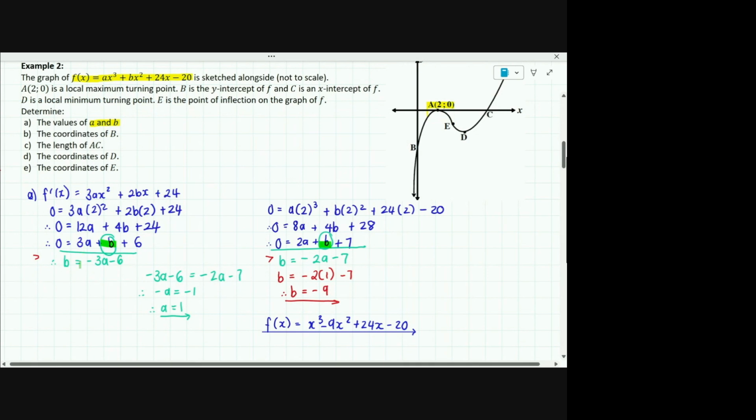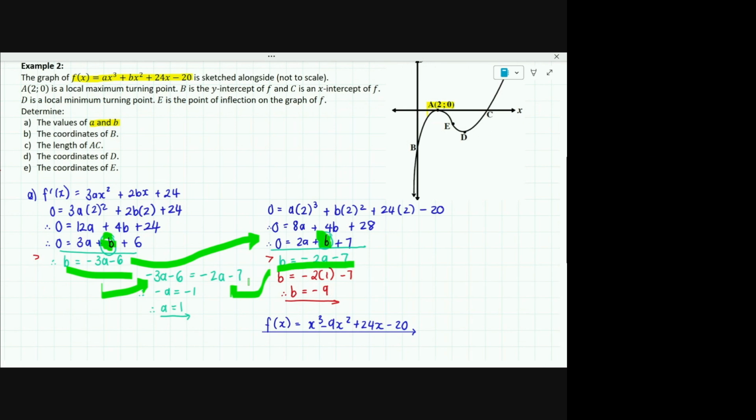You could just isolate b from one equation and then substitute it into the other equation. That's absolutely fine. You're going to get the same answer. But what I saw was that because both of these equations had a b, if I isolated b in both of my equations, I could just make them equal to each other because b is the same thing as b. So I took the negative 3a minus 6 and made it equal to negative 2a minus 7 because they both represent b, and then I solved for a.